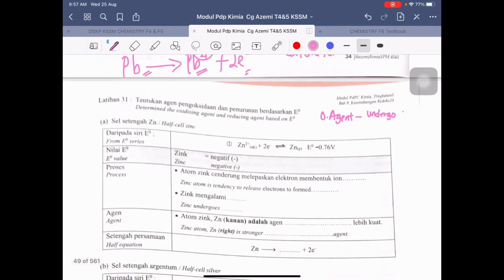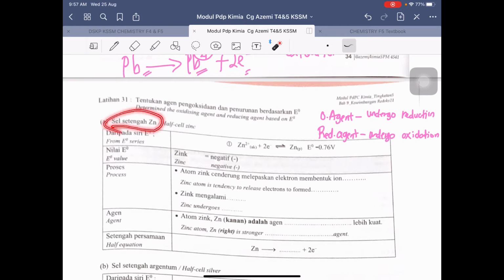It will undergo reduction. Begitu. Kalau dia adalah reducing agent, dia kasih turun bahan lain. So what is the process yang dia sendiri alami adalah oxidation. So it will undergo oxidation. Begitu. Kasih terbalik saja.